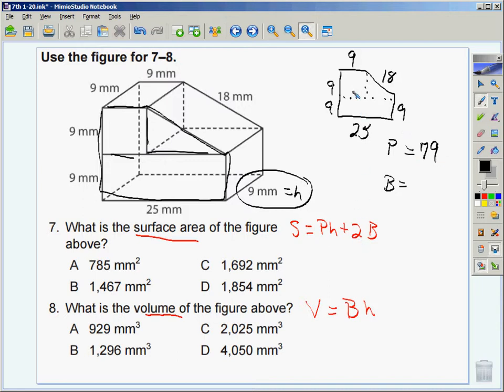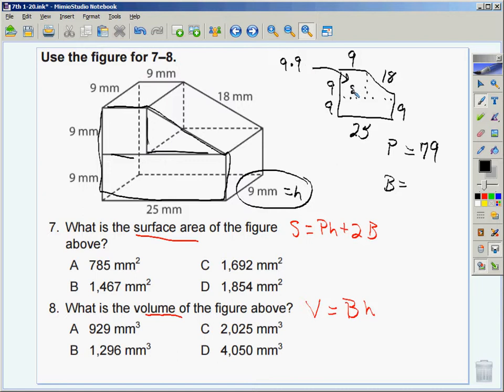When I go to find the area of this, I'm going to add 3 pieces together. How do I find the area of this square? 9 times 9.